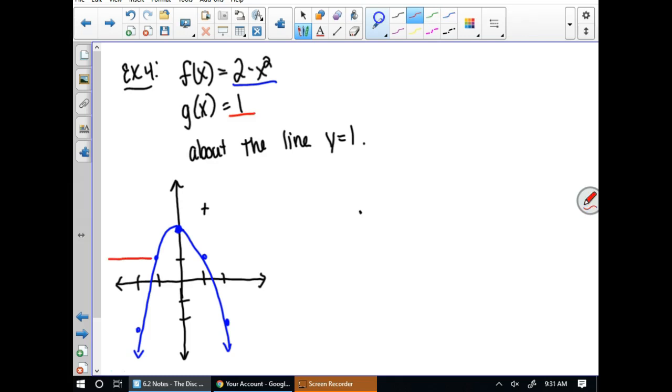That is this line here. And this is y equals 1. This is the line that we're rotating around. So we are looking at this area. And we're going to rotate around this line.